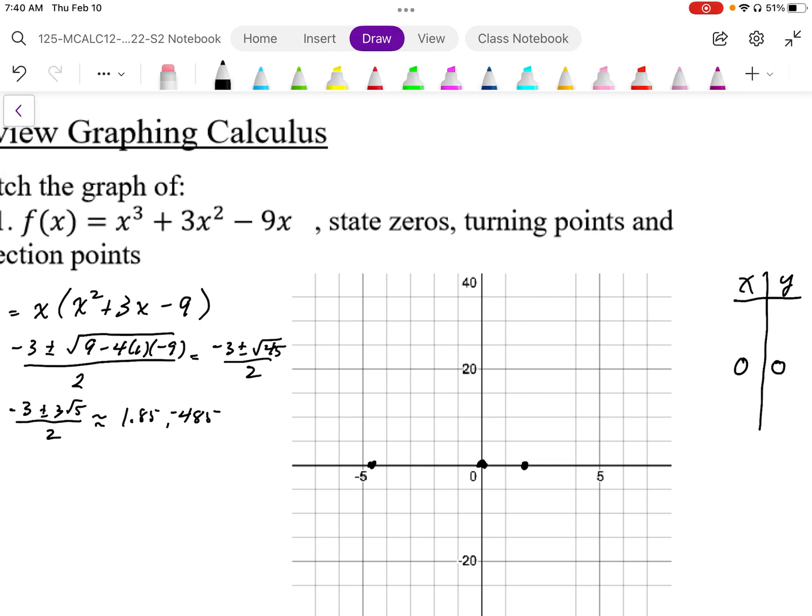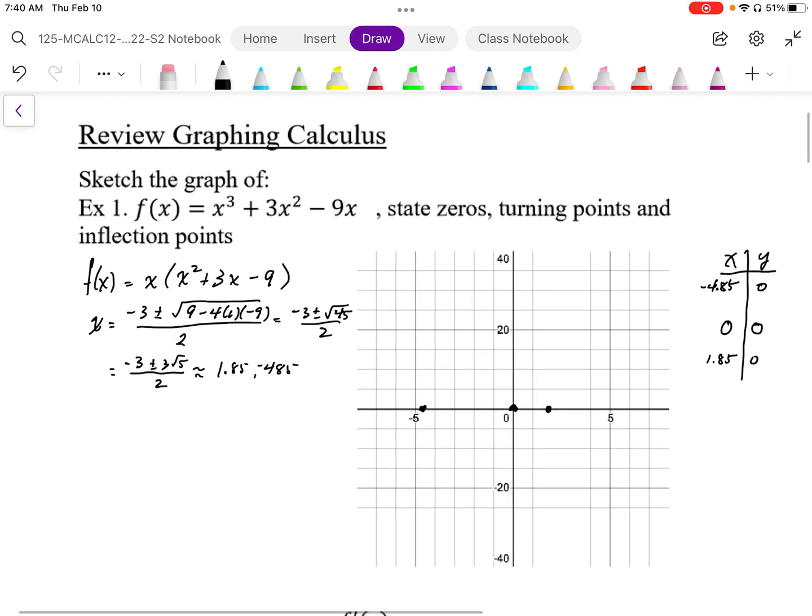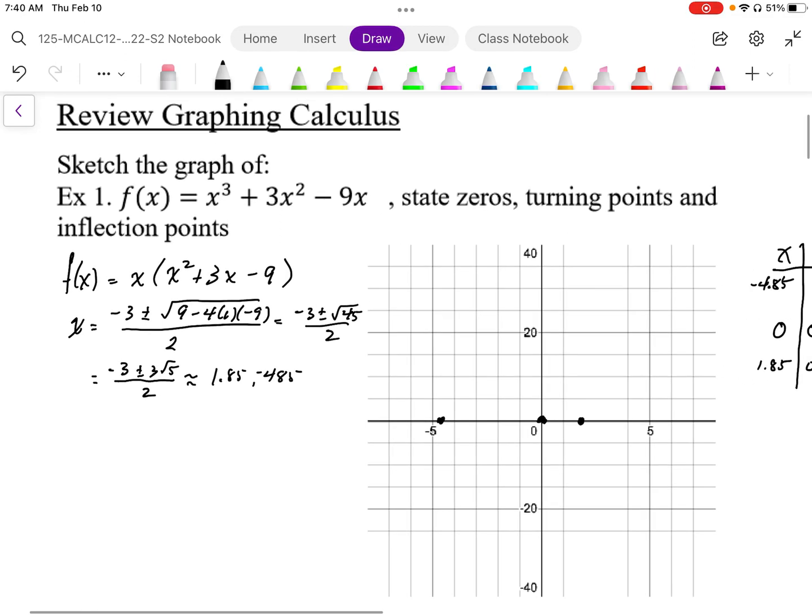So I'm going to put a negative 4.85, 0, and about 1.85, 0. Okay, so I've got all the stuff I normally would have. I've got my y-intercept, which is one of my zeros. I've got my zeros. Now I want to find min and max points.